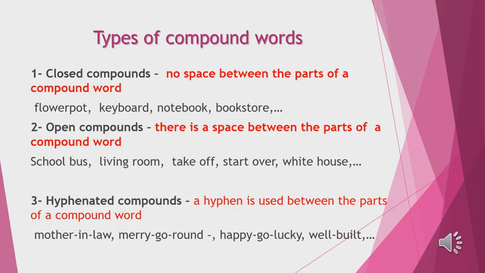Merry-go-round. Between merry and go and between go and round we have a hyphen. That is why it is a hyphenated compound. Happy-go-lucky. Again, it is a compound word, and because we have a hyphen between happy and go, and between go and lucky, this compound word is called a hyphenated compound. Well-built. There is a hyphen between well and built. So each compound word that has a hyphen between its parts is going to be called a hyphenated compound.